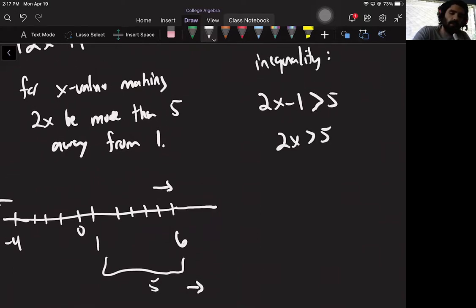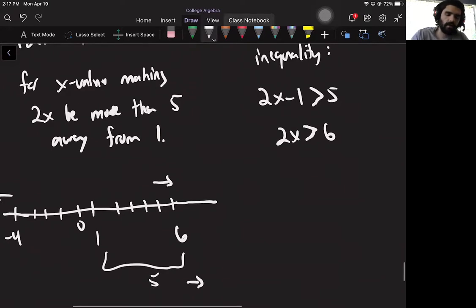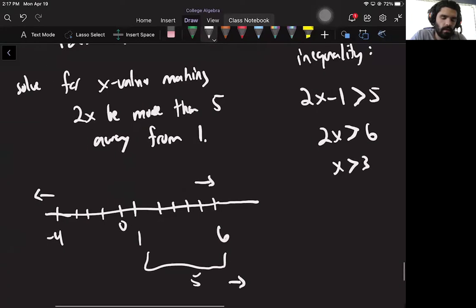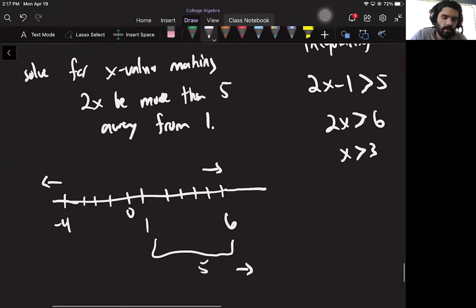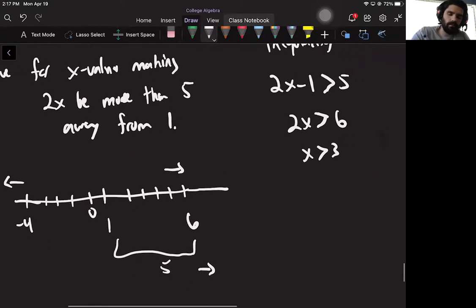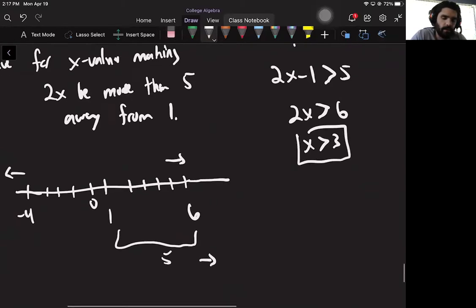We can see that I am solving for x values which make 2x be beyond 6. So x needs to be beyond 3 for that to happen. But what about this other side? Well, this is just one part of the answer. And so what we see is we need x to be bigger than 3.